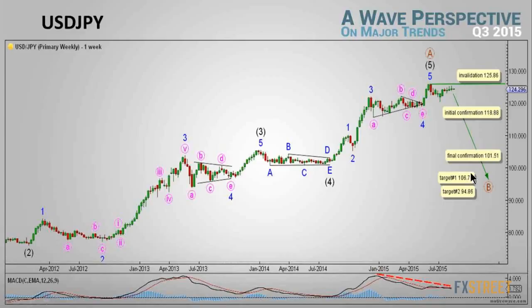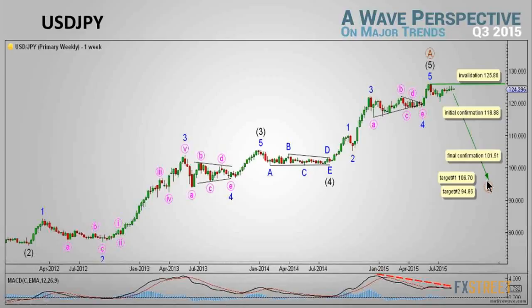We have two targets for the completion of wave B maroon, and we should expect dollar yen to find support near 106.70, as at that level wave B maroon will reach 0.382 the length of wave A maroon. If exceeded, then we should expect the yen to find support near 94.86, as at that level wave B maroon will reach 0.618 of wave A maroon.